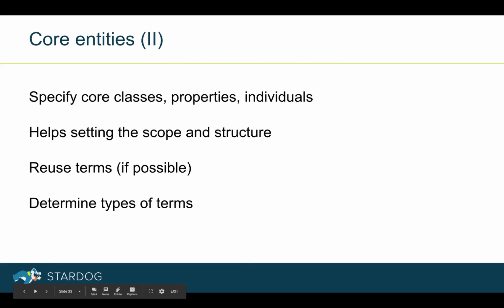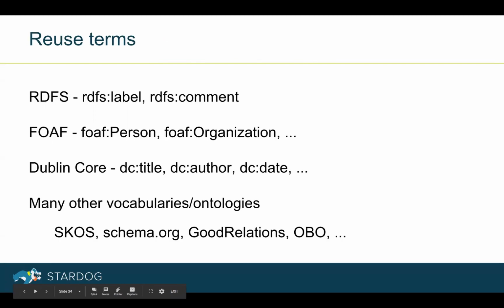If possible, try to reuse terms, especially the more standardized terms. Examples of this, here are a few widely accepted schemas for various domains. RDFS label and RDFS comment, we already went over. Friend of a friend, or FOAF, is a schema that dates back to 2000 for describing people and their relationships and is very widely accepted.